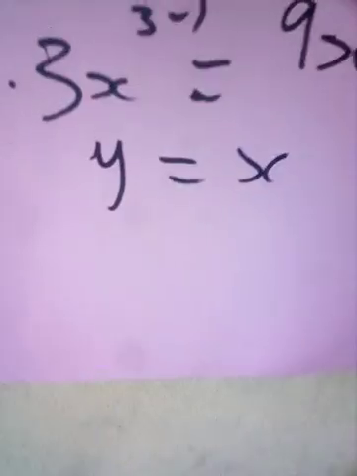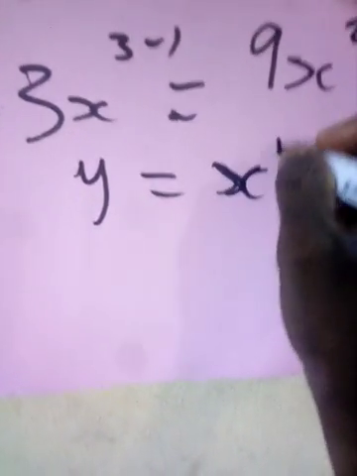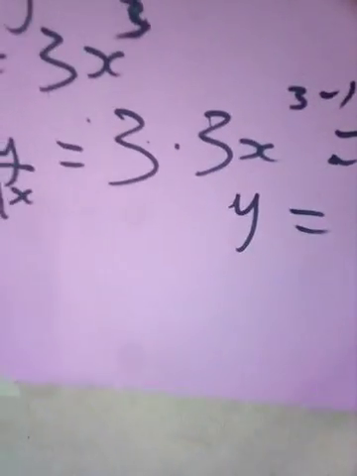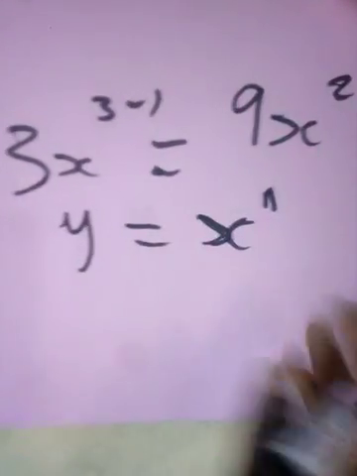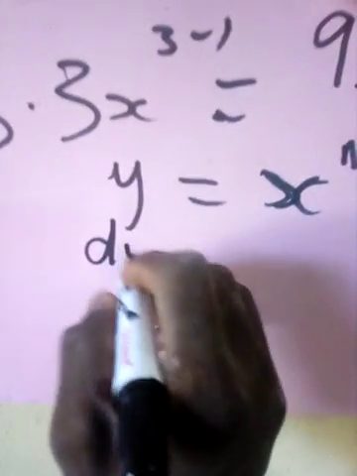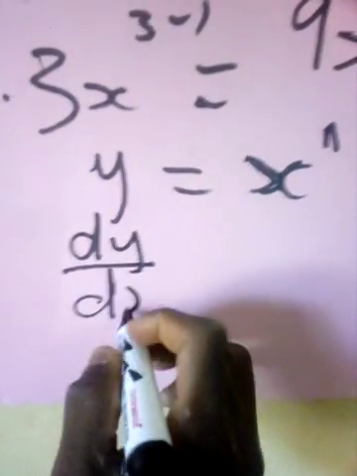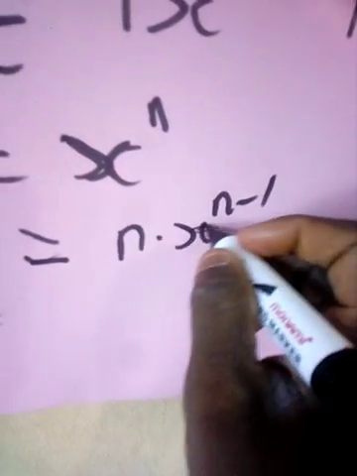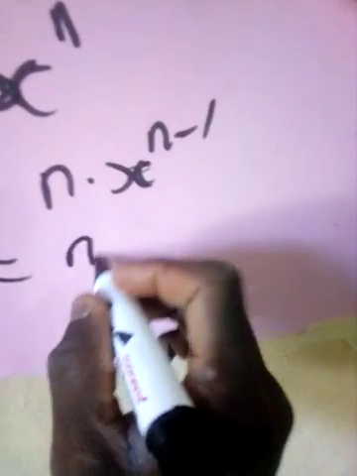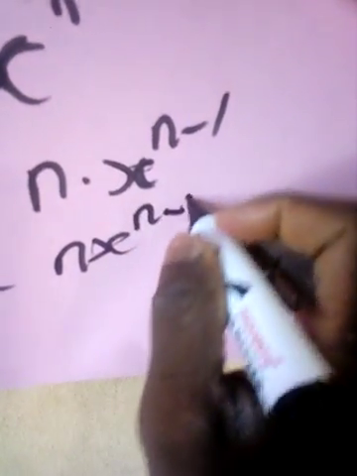We have y equal to x raised to power n, with n as any integer. We're differentiating both sides, differentiating y with respect to x. It is simply going to give me power come down, power go up minus 1, and n minus 1. It gives me n x^(n-1).